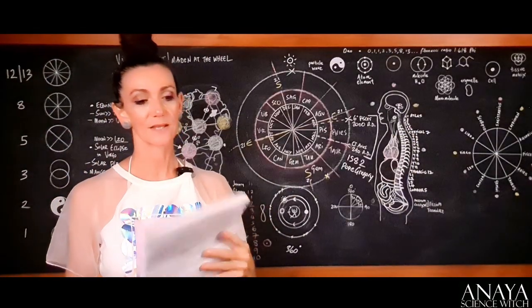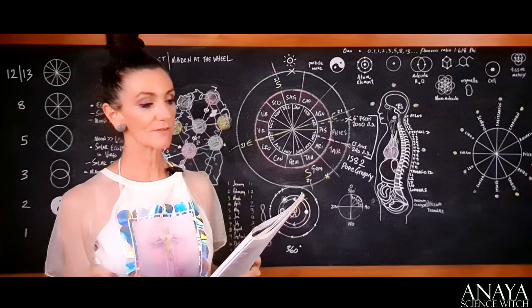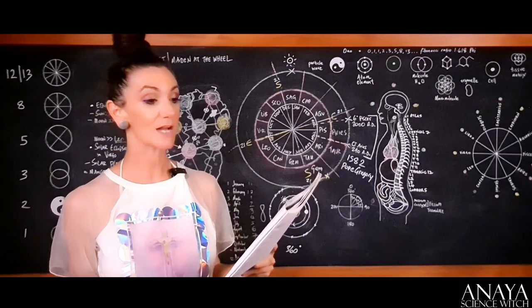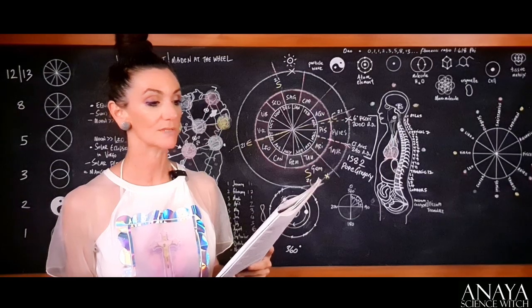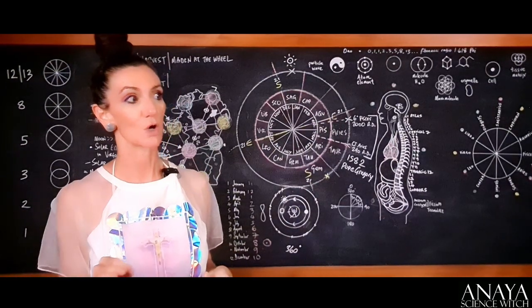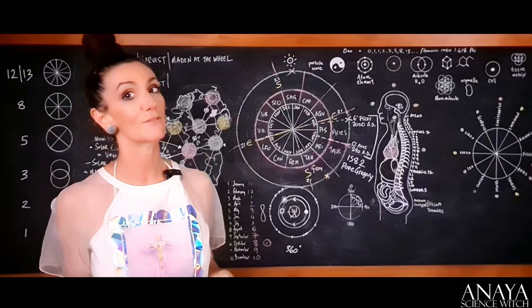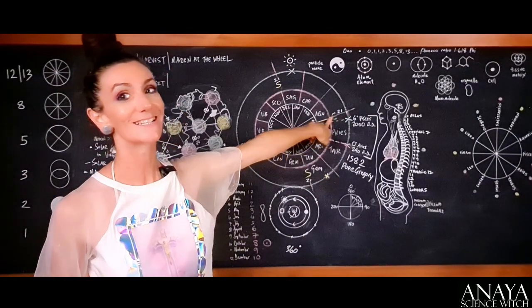Zodiacs and precession. Okay, so the important factor to understand is that the rising star position on the spring equinox changes over time, and it's called precession. Why we're going to be focusing on the rising star for the spring equinox is because that is basically what's under debate.